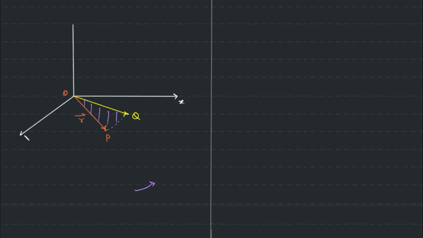Now we have x, y, and z, right? So let me start by talking about, let me write it here itself. Let's talk about the diagram, the situation.